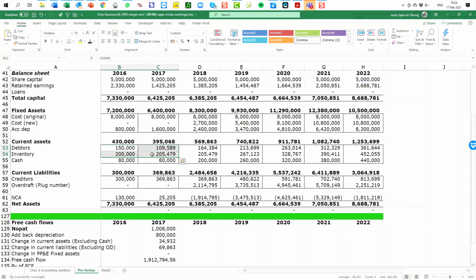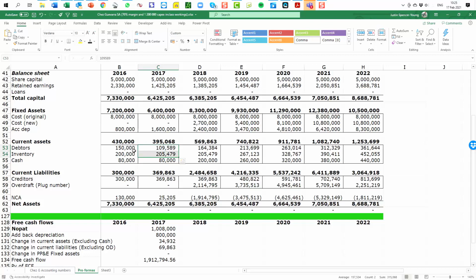The principle is if debtors is going up, then cash is going down. And if inventory is going up, then cash is going down. So really what I'm doing here is summing up those two and getting the difference between the two to find out if this has a positive or negative cash flow effect on the business.